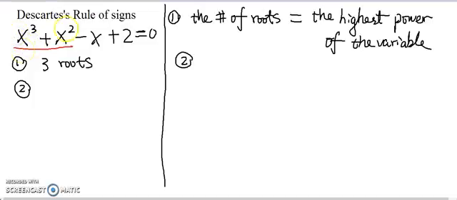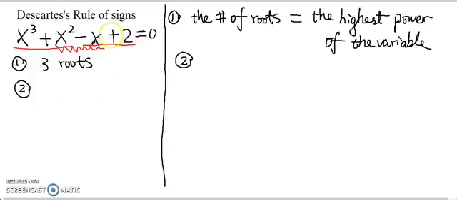They're both positive, 1 and 1. The number 1s are omitted, so there's no sign change here. But if we look at the second term and the third term, the coefficient of x squared is positive 1, but the coefficient of x is negative 1, so there is a sign change. And if we look at the third term and the fourth term, the coefficient of x is negative 1, but the constant term is positive 2. From negative to positive, that's a sign change, because they have opposite signs.